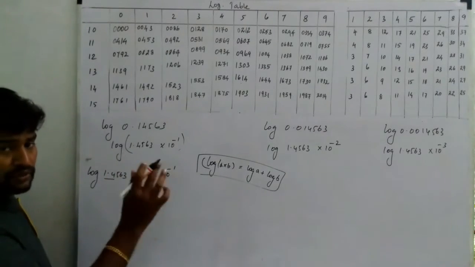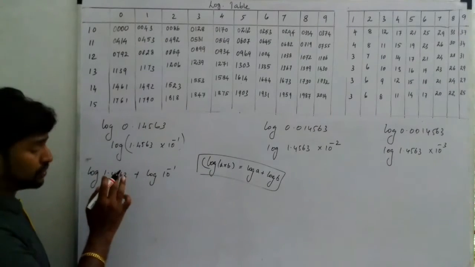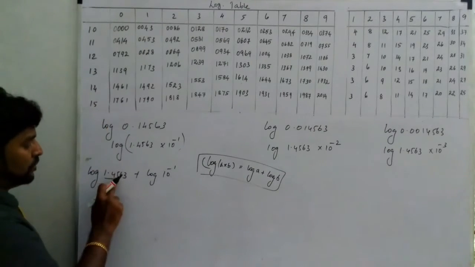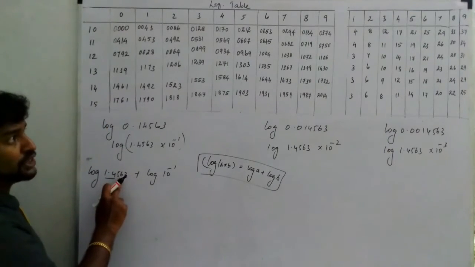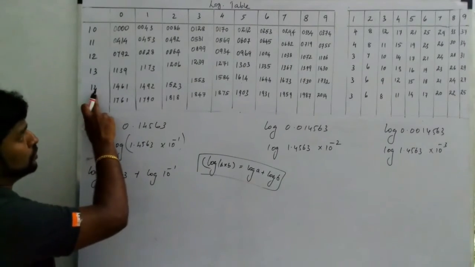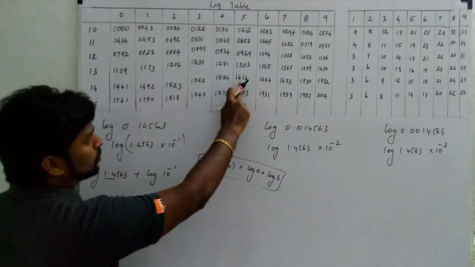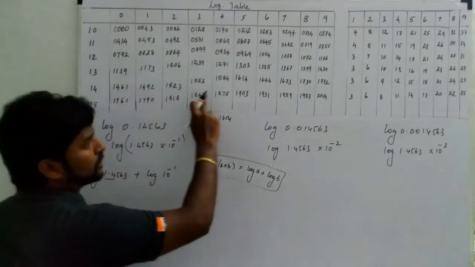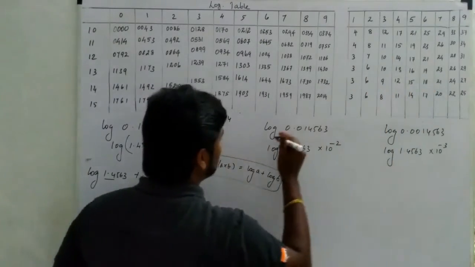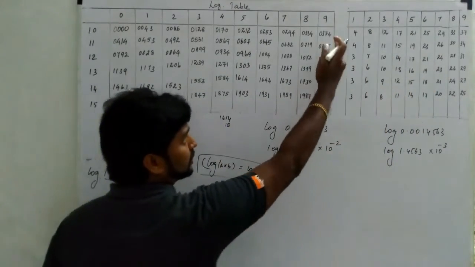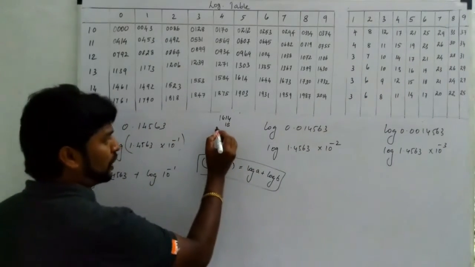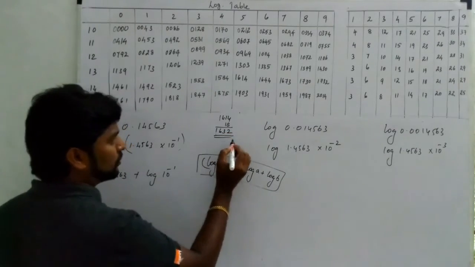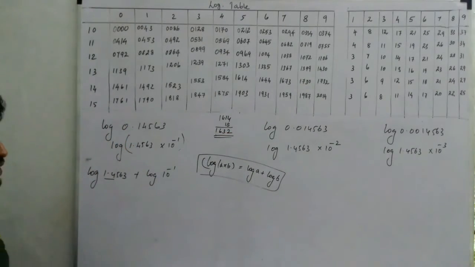After that, whatever other numbers there are, we neglect them; there is no need to mind them. So in the 14 row, 5th column, the value is 1614. In the 6th column the mean difference is 18. If you add this value, we get 1632, so the table value is 1632.